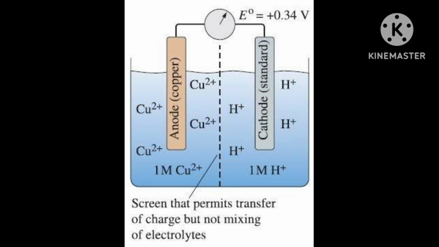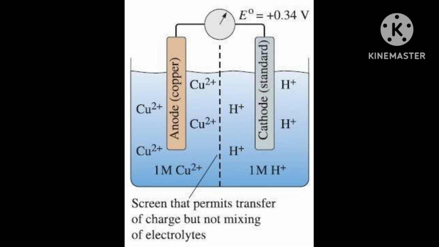I told you, the one which has negative, meaning less potential, will be the anode. The one which has more potential, meaning positive, is the cathode. Simple way. If one electrode has a negative volt value and the other a positive volt, the negative one will behave as the anode and the positive one as the cathode.